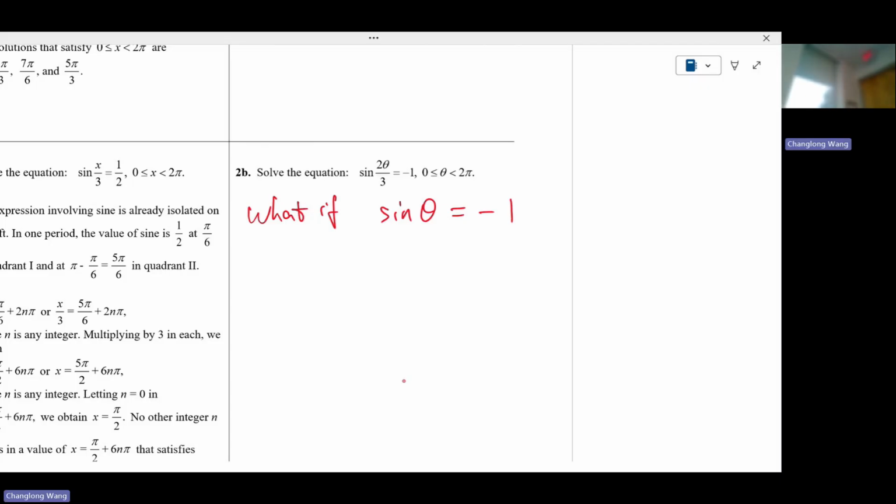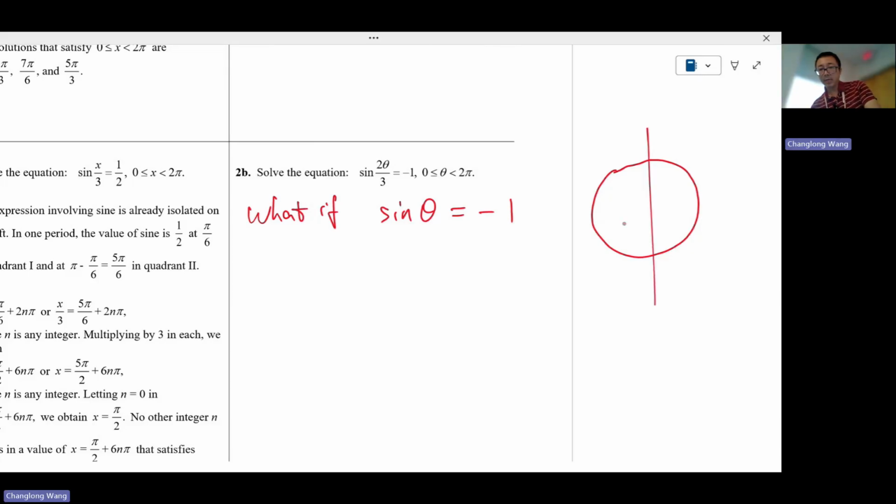And you realize that's not in the chart, right? That's when the unit circle comes in. But can you guys confirm first, is sine theta the horizontal or the vertical coordinate of a point on the unit circle?